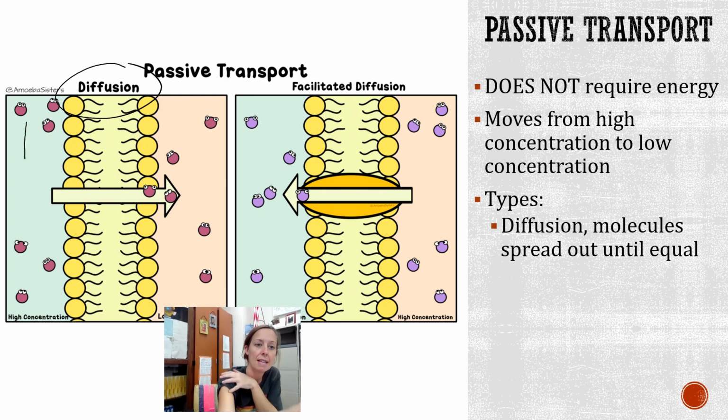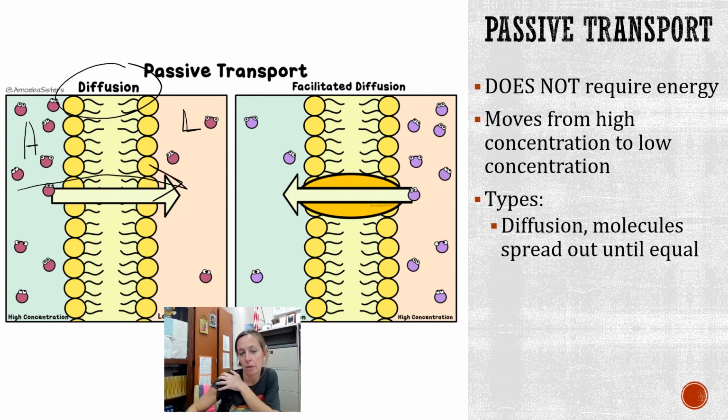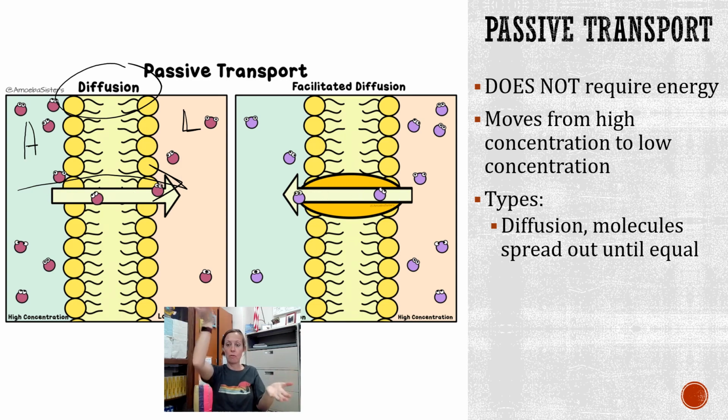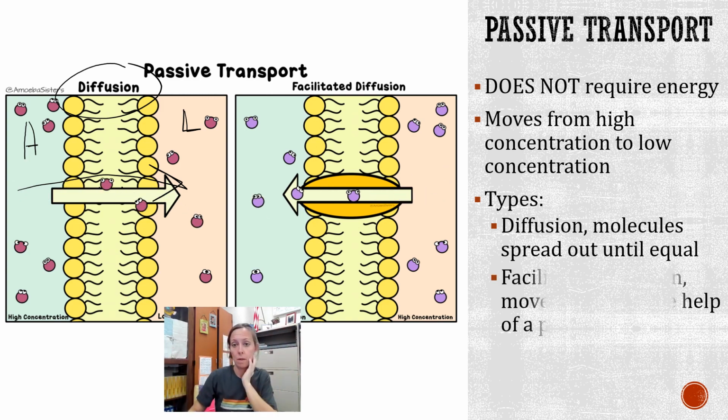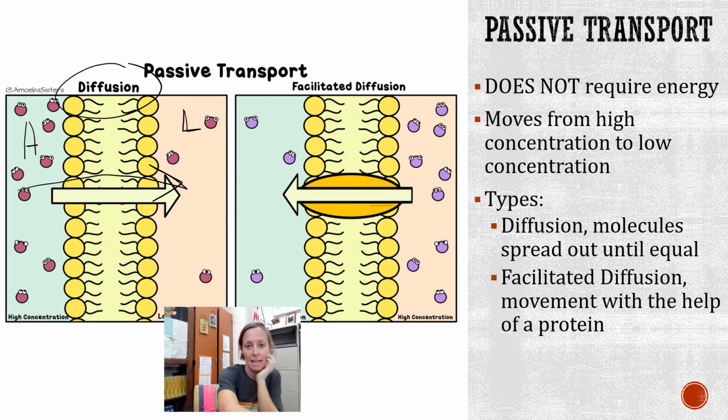These guys, this is the high. We have a lot of them on this side. This is the low. We have a few of them. So these ones are going to move over to the side where there's not a lot. Okay, they'll spread out, so they'll go from high to low until it's equal.